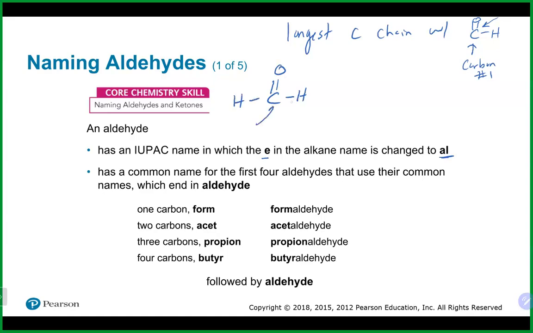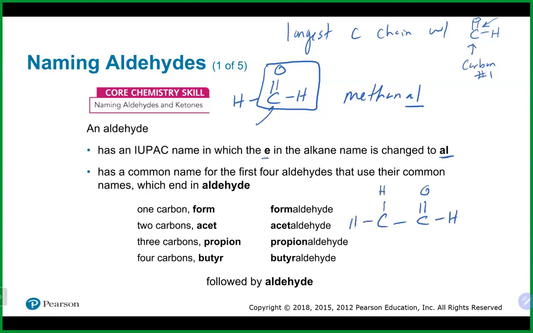So the IUPAC name, for example, of this one right here: this has 1 carbon, which is based off of methane. That is our functional group. So this is methanal, AL at the end of it. We had this one here. This is 2 carbons, which is based off of ethane.